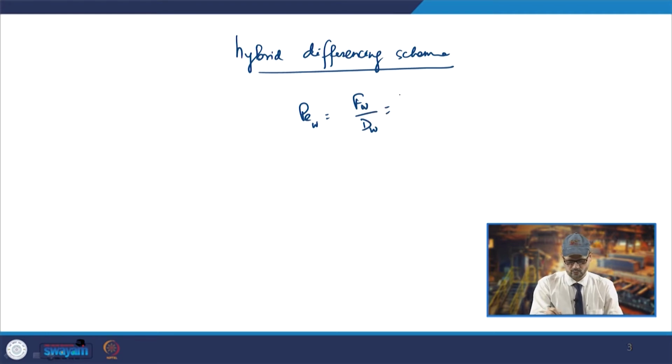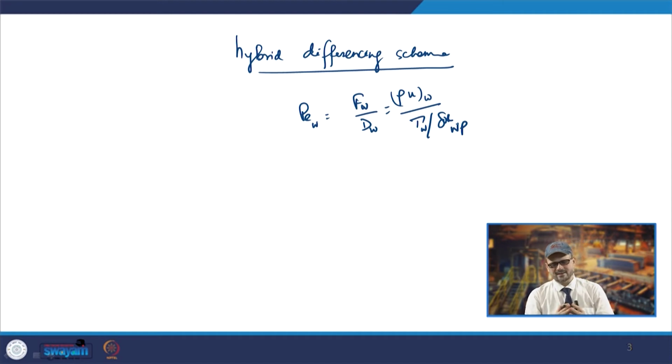So, you find rho u at the west face divided by gamma west by delta x, and that will be Pe w. That is how you calculate the Peclet number at the west face.